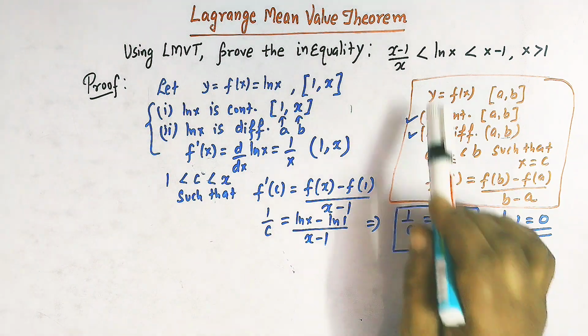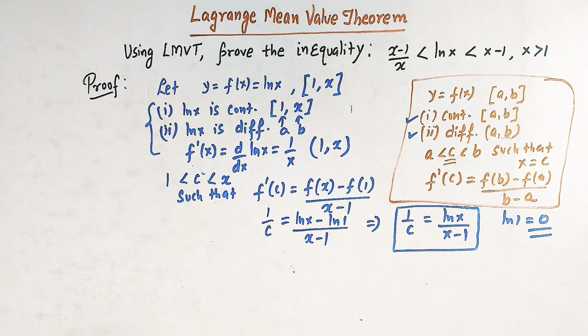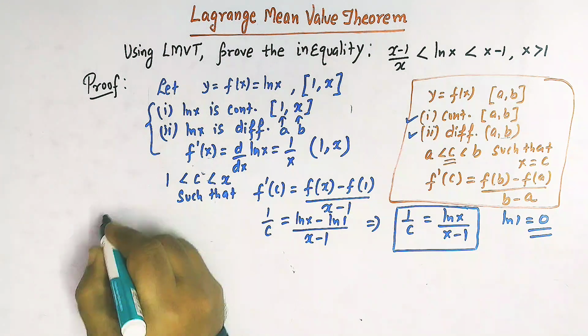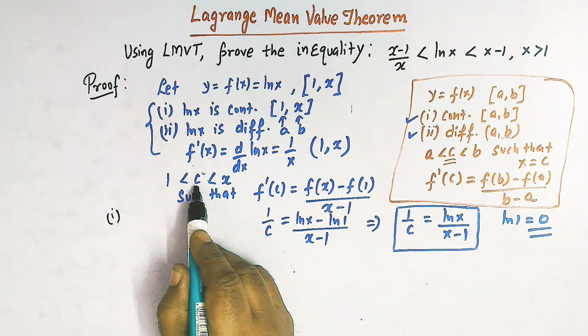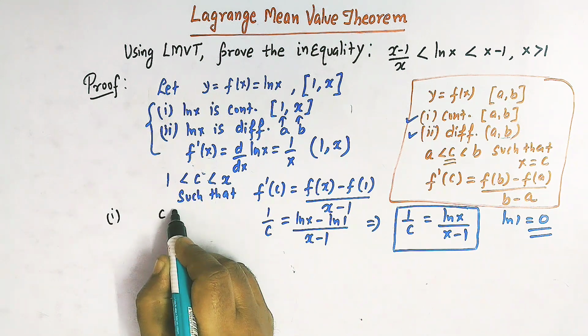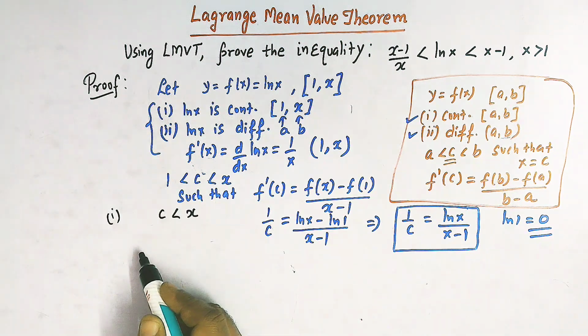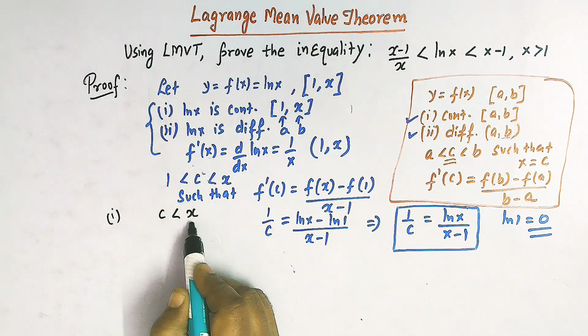So now to prove this inequality, what we will do, we'll frame two inequalities. So the first inequality can be obtained by proceeding, here we have c less than x, so we'll start with this inequality.